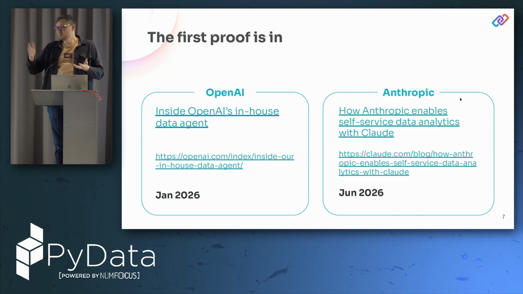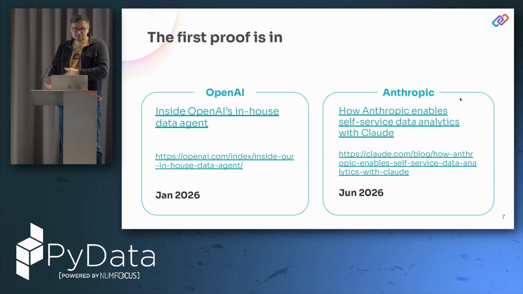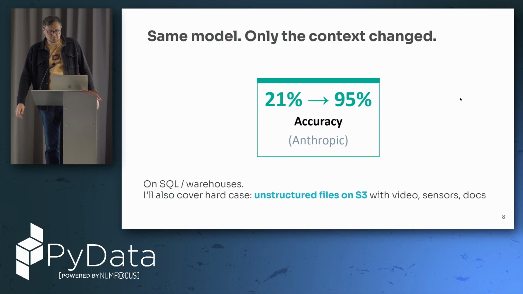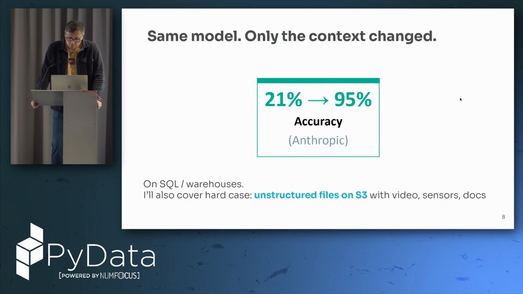And the second part would be about what we do with DataChain, about unstructured data, and how we are dealing with the same set of problems, right? And I will be talking about the core principles that are pretty much universal among the folks who are building these tools. The Anthropic blog post is very interesting because they publish a lot of metrics, how much it improved their accuracy and different other metrics.